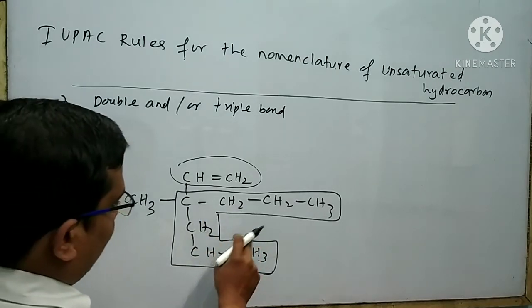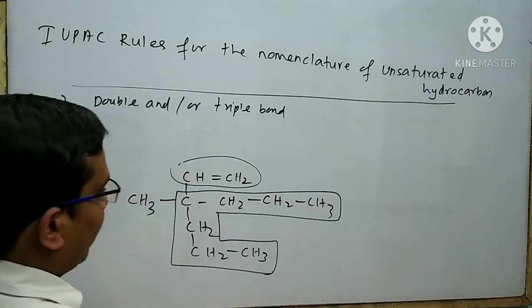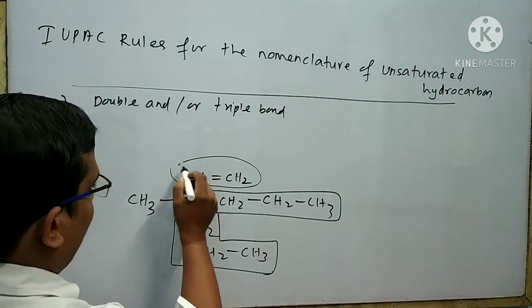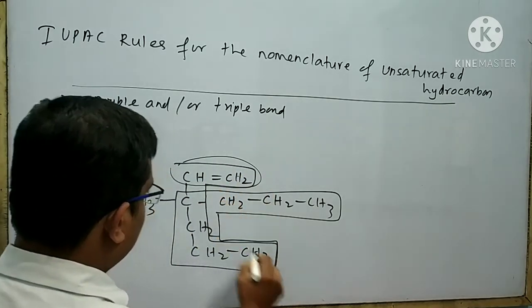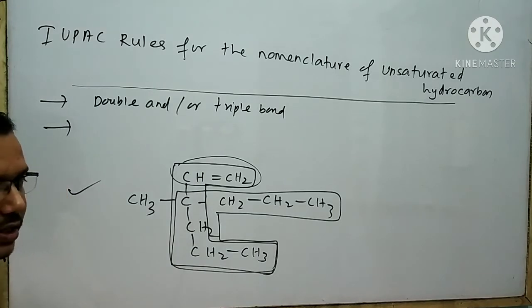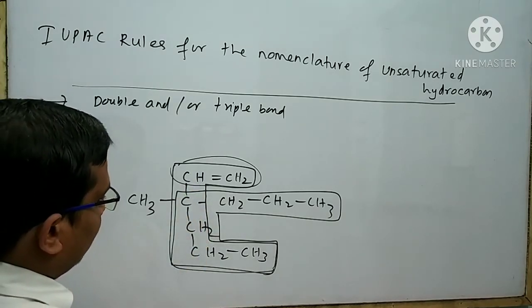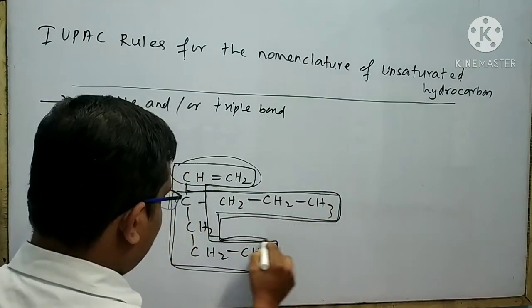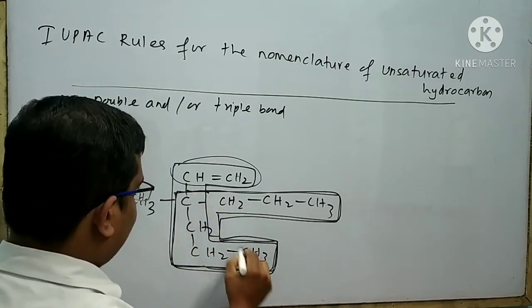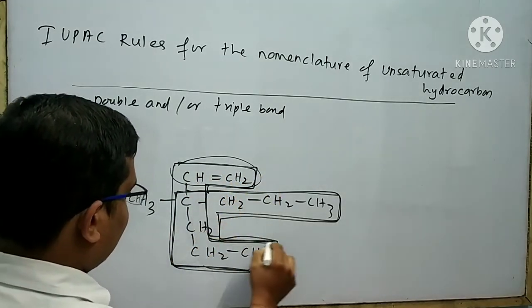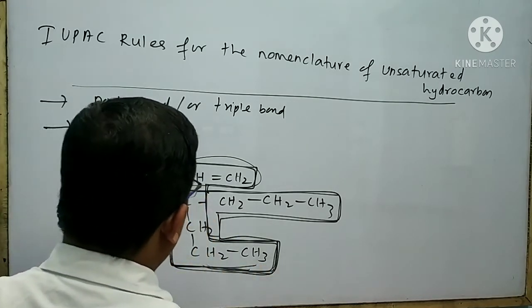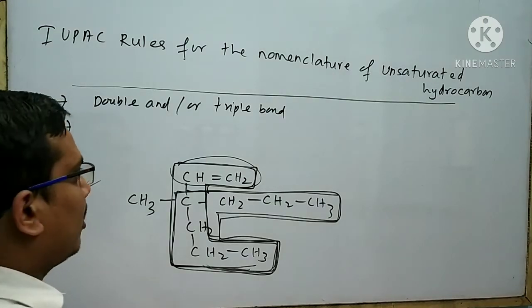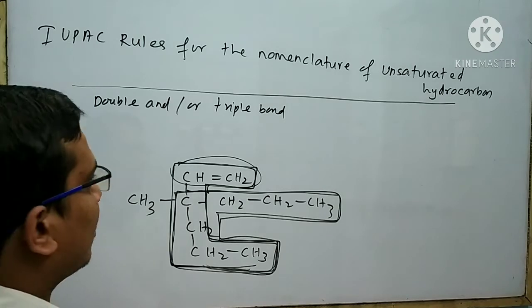If I take the long chain like this, there is no carbon atom present which contains the double or triple bond. Look at that. If I take this as the longest continuous carbon chain, then this chain contains the double bonded carbon atom. No doubt this chain is smaller than the other carbon chain, but according to this rule it is bound to take this chain because it contains the double bonded carbon atom. That means it is bound to give the focus on the double bonded or triple bonded carbon atom.